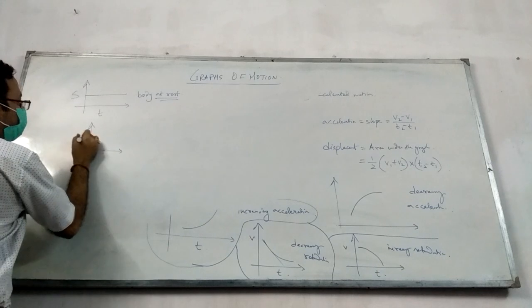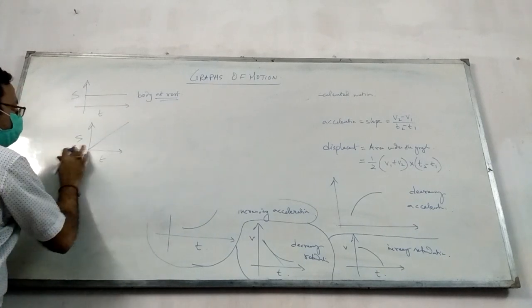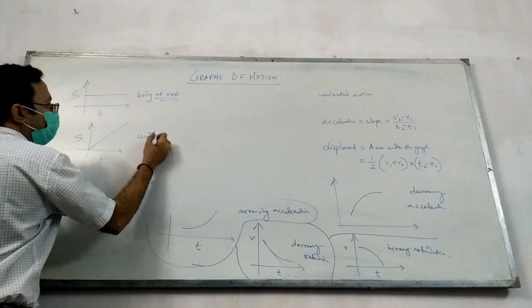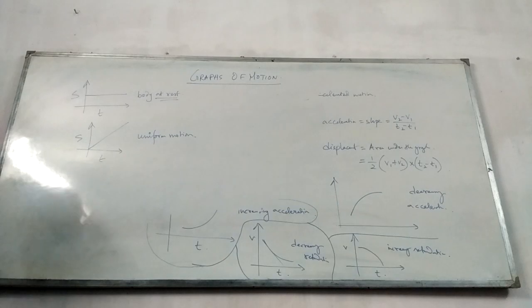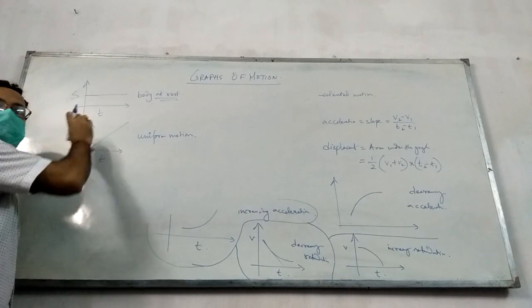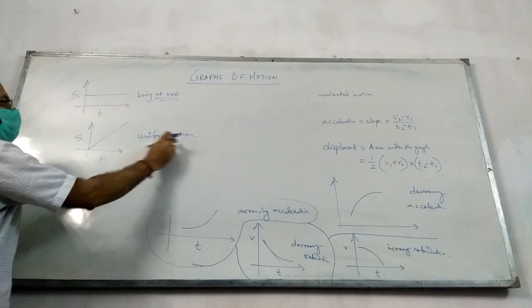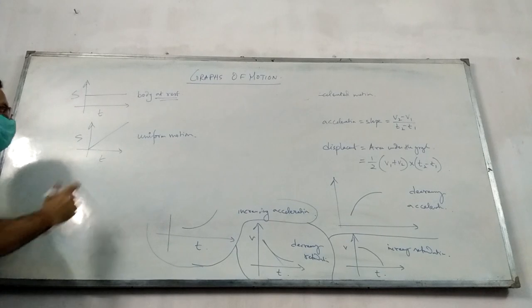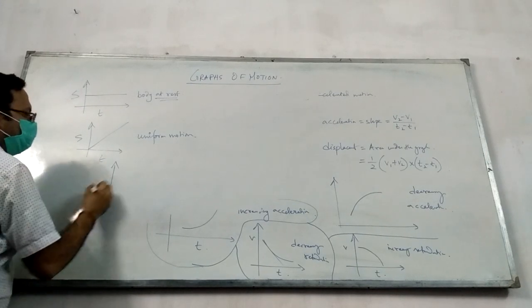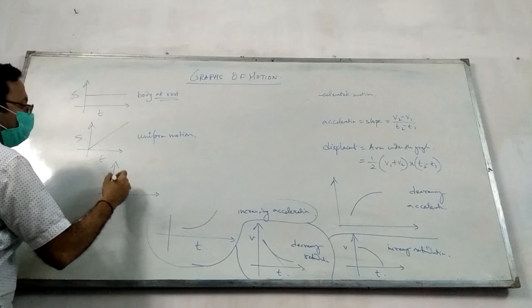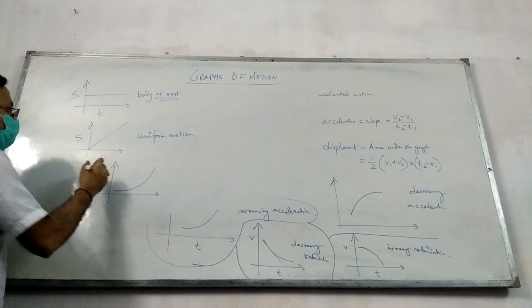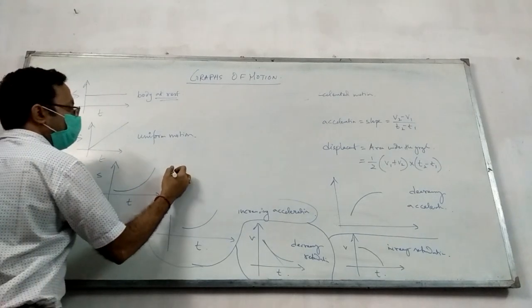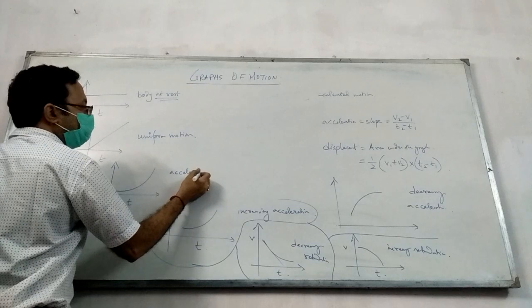You get an ST graph like this. Uniform motion. Why? Because the velocity is constant. In every constant interval of time, the displacement is constant. So this is uniform motion. Okay? And if you have a graph like this, increasing velocity, accelerated motion.